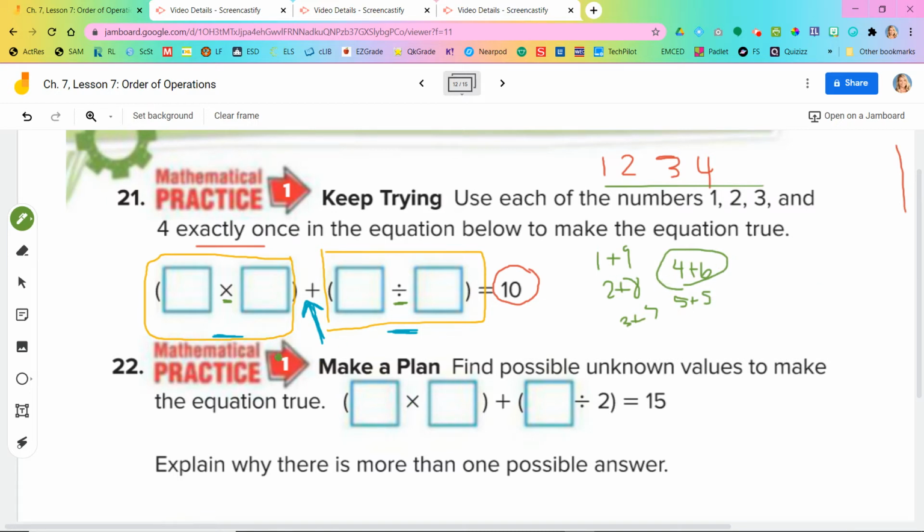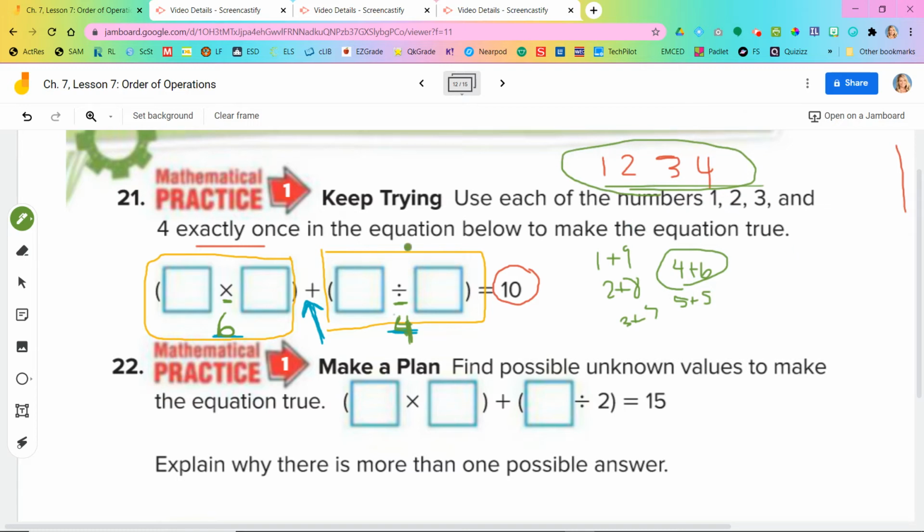So let's try this. He said, let's make this group equal to 6, and let's make this group over here equal to 4. Because if I can get this group to equal 6, and this group to equal 4, when I add them together, I'm going to get 10. So can I use these numbers right here?